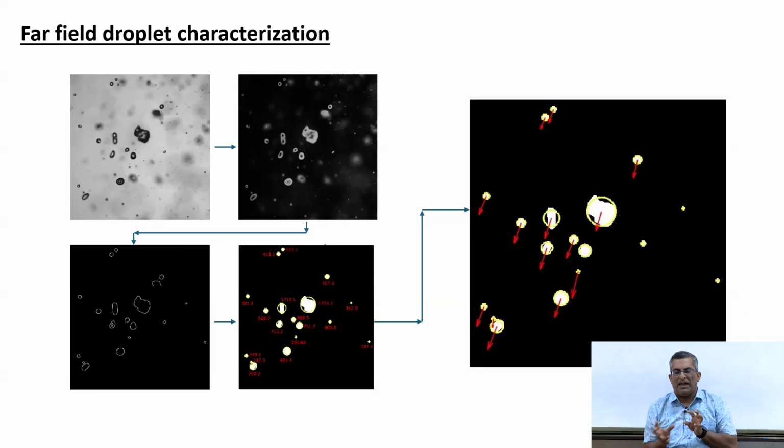If you put in one or more additional cameras, you can do three-dimensional visualization, and in that case you can actually see how the particle looks. For example, let us say this particle, here we do not have any information about the length of this particle in a direction perpendicular to the plane of the paper.